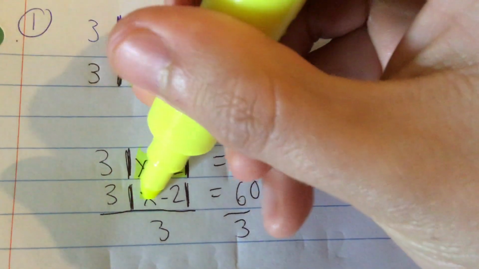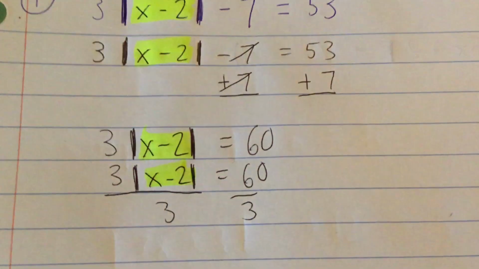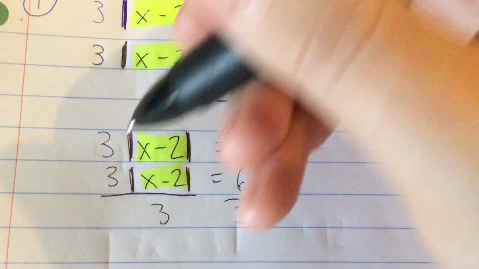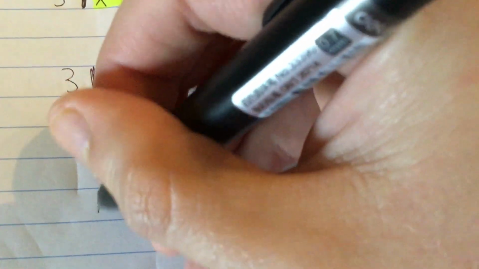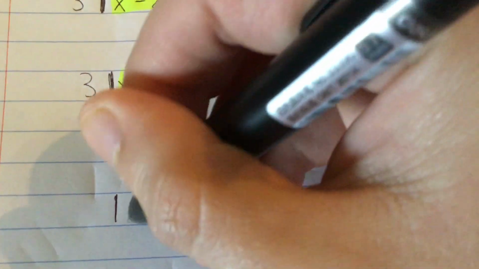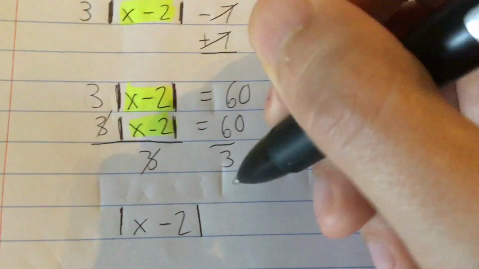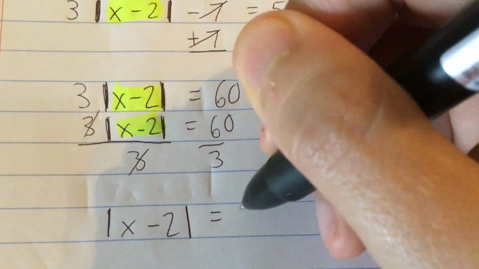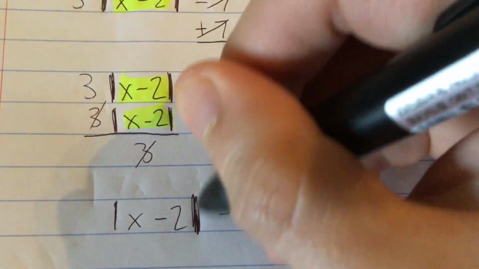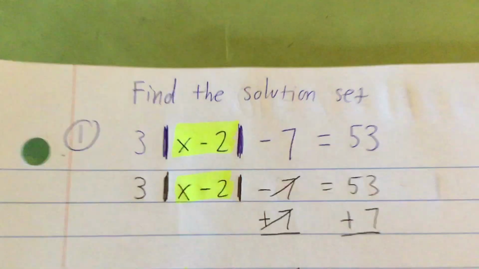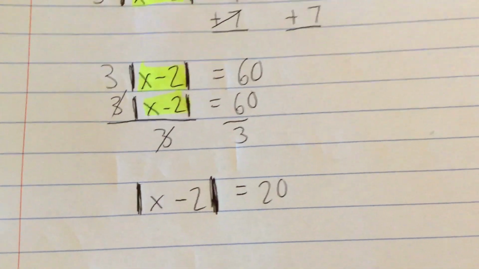So I've got 3 times the absolute value of x minus 2 is equal to 60. I'm going to divide both sides of the equation by 3. And now I'm left with the absolute value of x minus 2 is equal to 60 divided by 3, which is 20. So now I finally got the bars isolated.